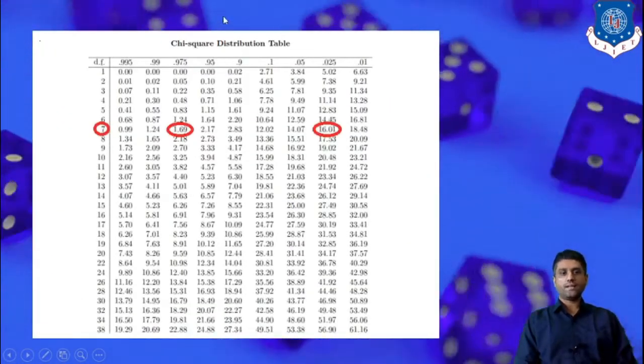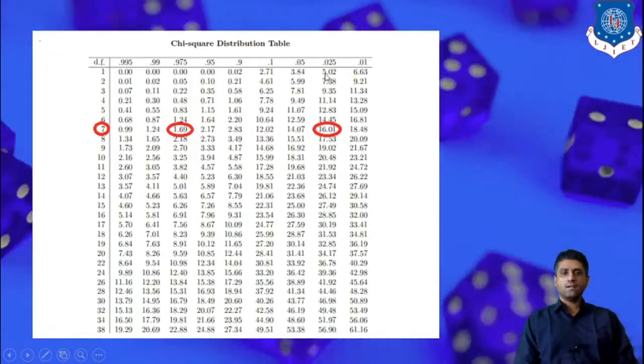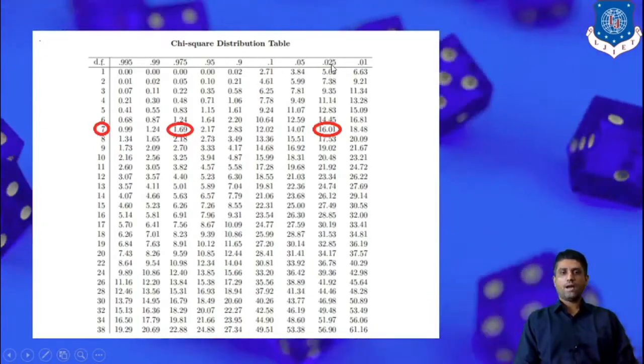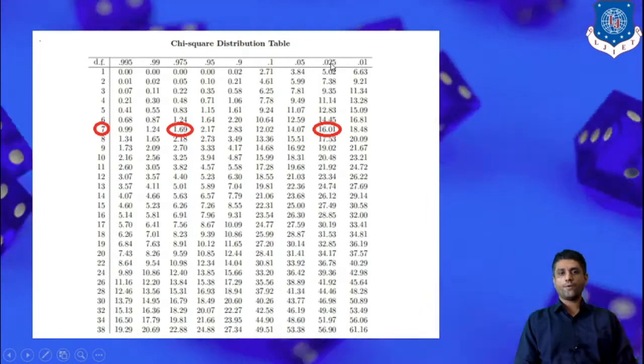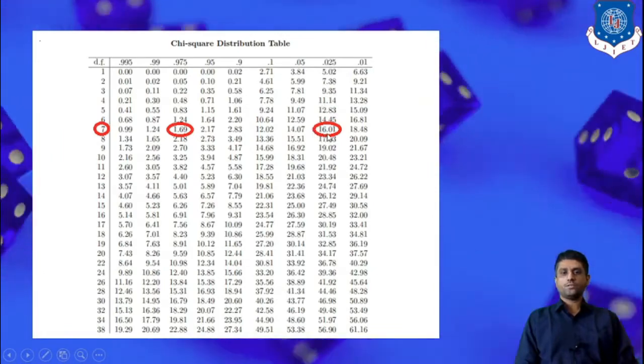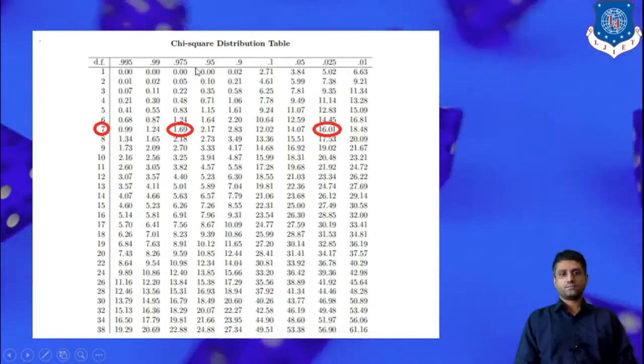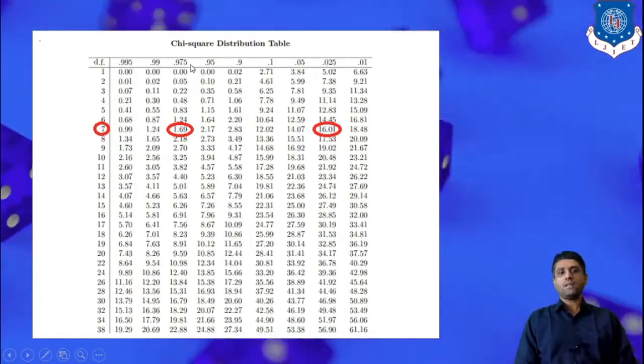So see, this is the chi-square distribution table. The degree of freedom is 7 and the level of significance is 5%, and we know that it is reported as alpha by 2. Alpha, that is 0.05 divided by 2, that is 0.025, so it leads to 16.01. And also we have to see in the procedure, when it is a two-sided test, then we have to observe 1 minus alpha by 2.